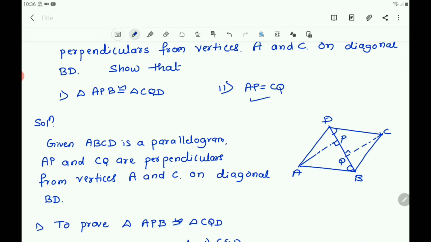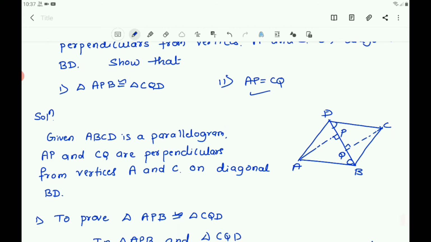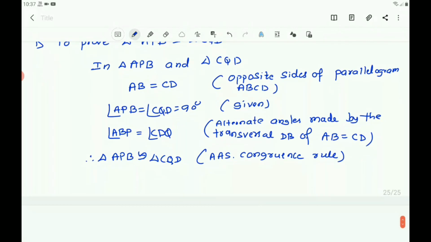Next we have to show that AP equals CQ. AP and CQ are the corresponding parts of the congruent triangles APB and CQD. As we proved triangle APB is congruent to triangle CQD, AP equals CQ according to CPCT. So you write, second one, to prove AP equals CQ.